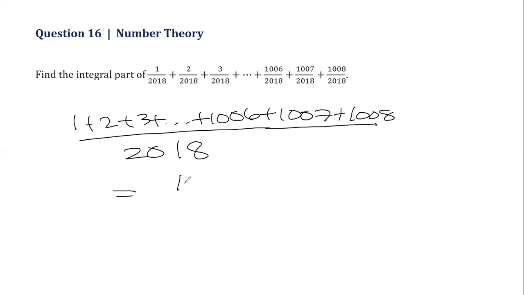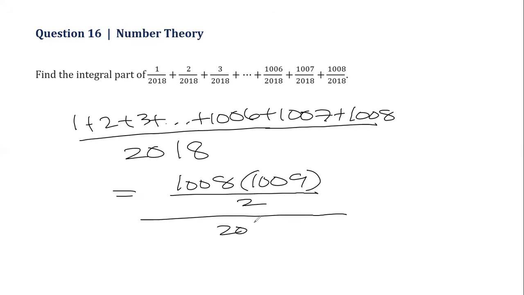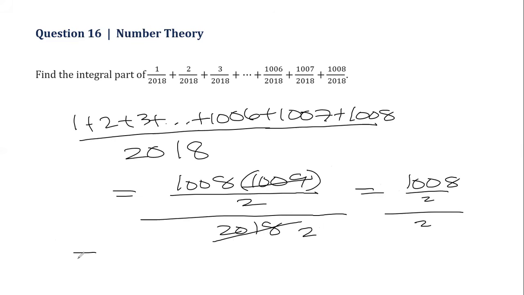That is simply equal to 1008 times 1009 over 2, over 2018. As you can notice, you can cancel this and this. This becomes 2. So we're left with 1008 over 2 over 2. So this is basically just 1008 over 4. This should be equal to 252.